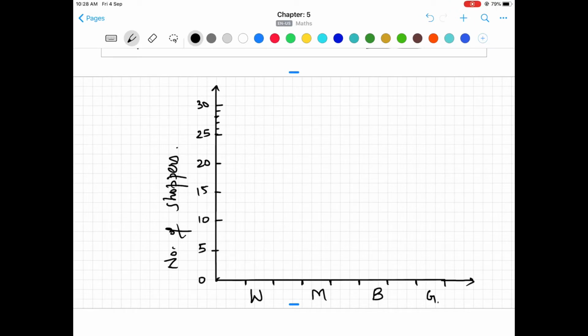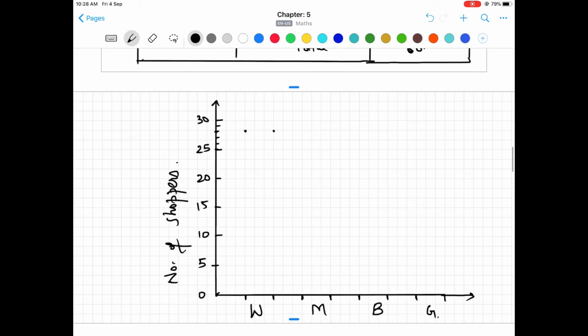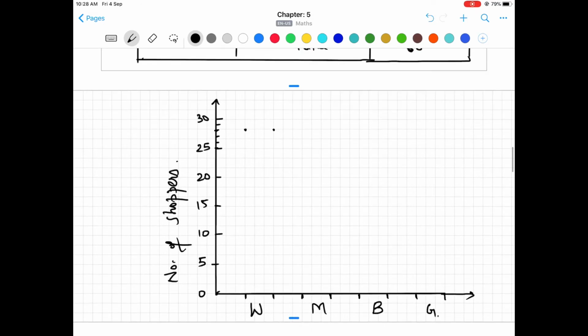So 28 is here. So you have to represent this bar up till this point. Let's use a scale. So our first bar will be up to this height. Okay, so that's our first bar representing the number of women.